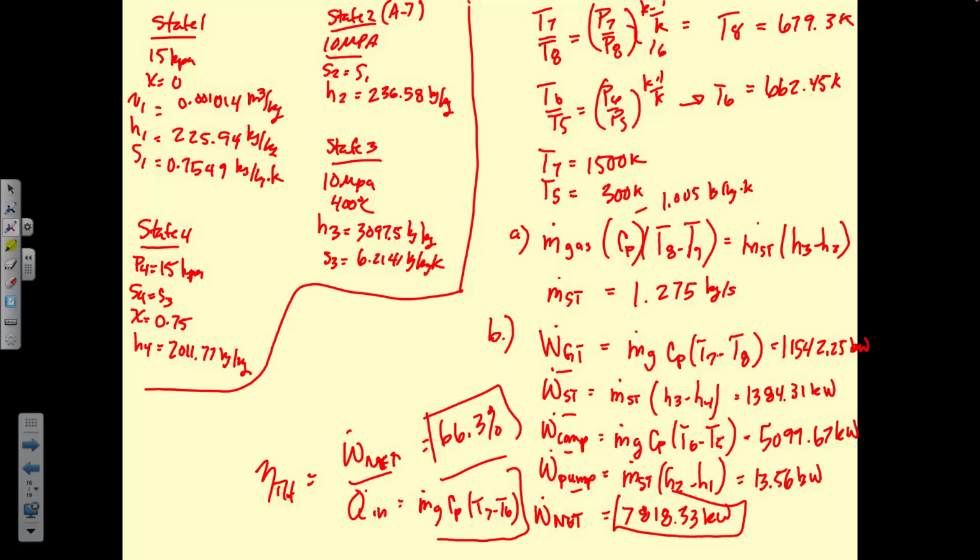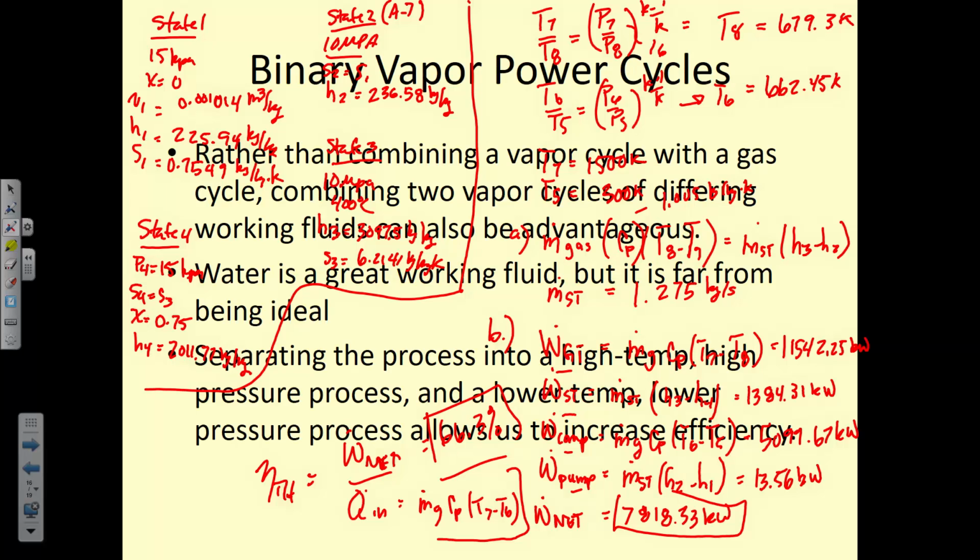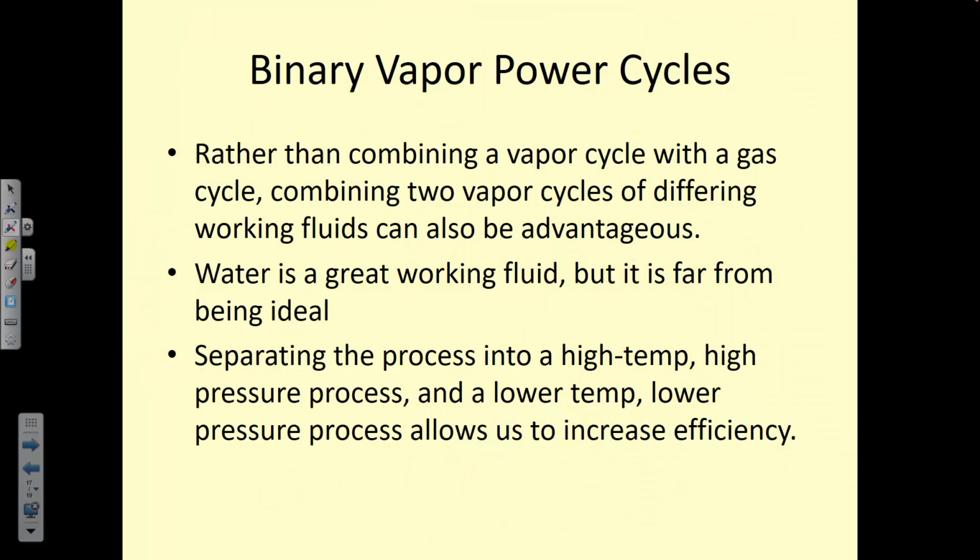Okay, so again, it's just plugging through, finding all the property values, making sure that you know and understand how to calculate work terms and heat terms and using the correct enthalpies. So one last note on that, rather than combining a vapor cycle with a gas cycle, it's also possible to combine two vapor cycles of differing working fluids together in order to achieve similar results.